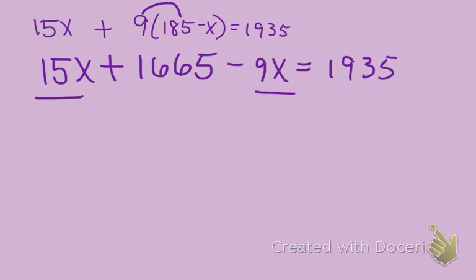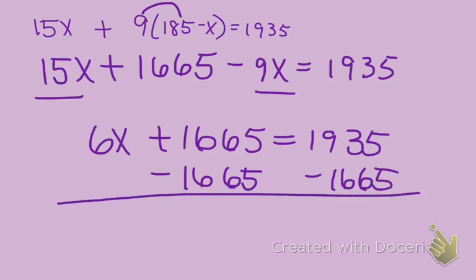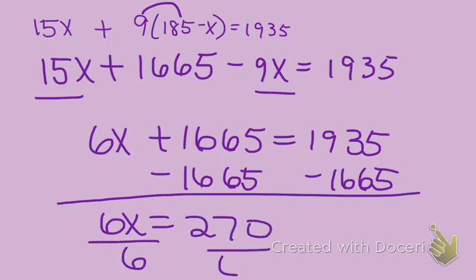These come together: 6x plus 1,665 equals 1,935. So we subtract 1,665 from each side, and get 270. 6x equals 270. Divide by 6. x equals 45.